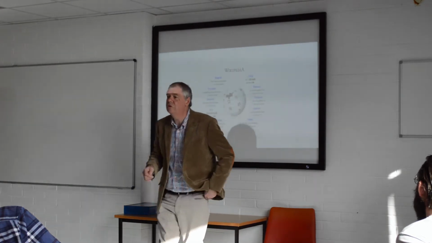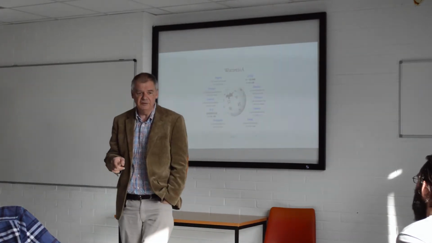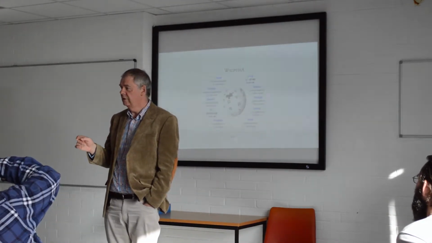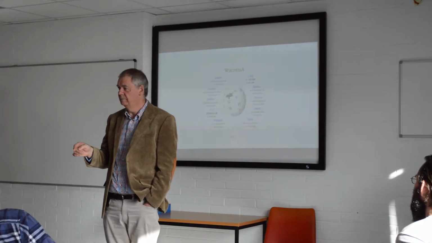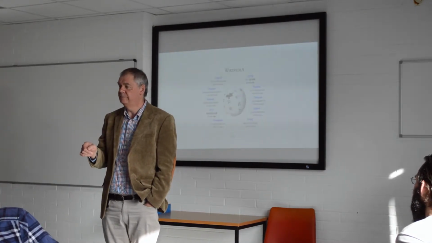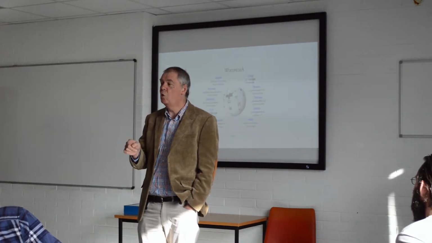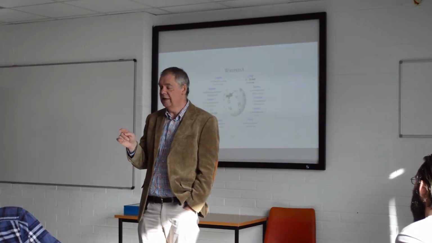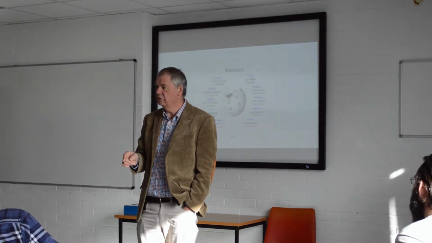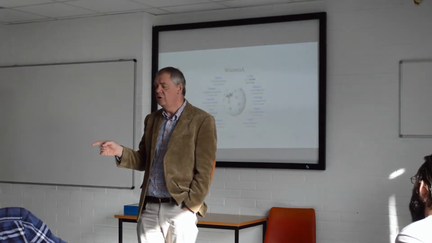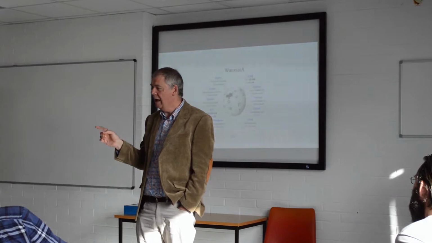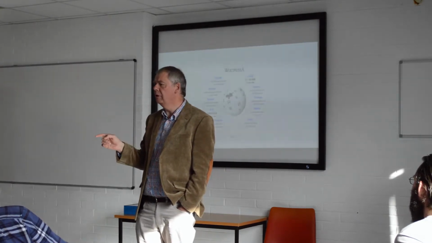My one rule to you as master's students is this: never, ever, and that means ever, quote Wikipedia in any report or any article or anything that you write. You're going to be using lots of sources, and one of those sources will not be Wikipedia.